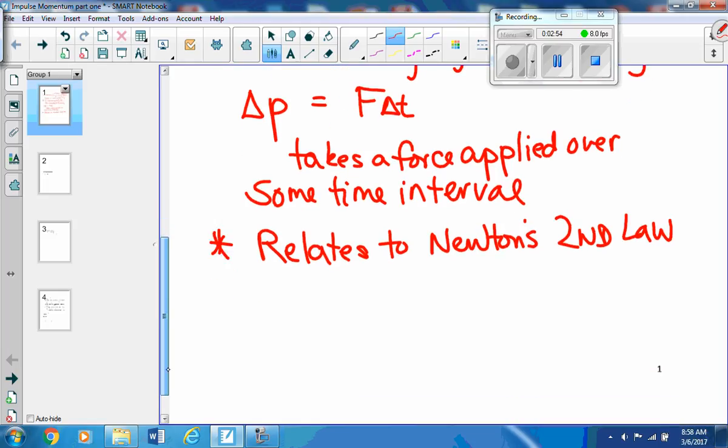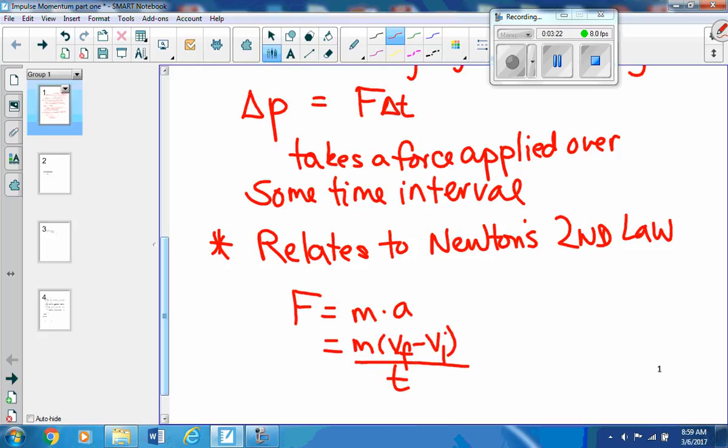I went through this proof a little over a week ago, but I just want to make sure that you have it in your head, that it really is force is equal to mass times acceleration. That's how we learn Newton's law. And now we're going to talk about it as mass times a change in velocity over time. And it's this part right here that is equivalent to acceleration.